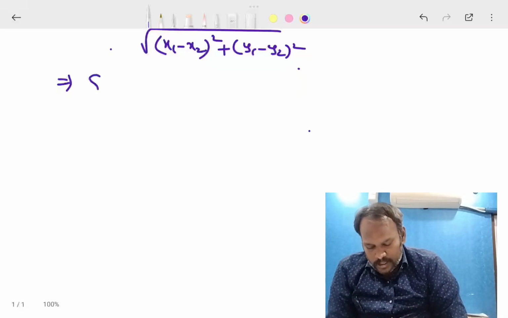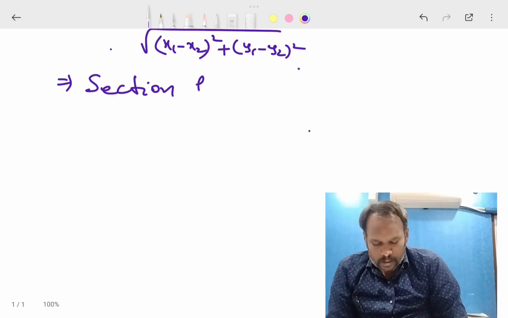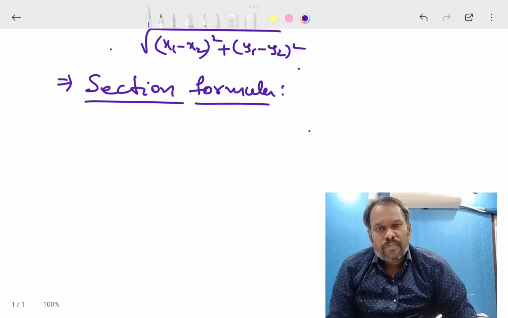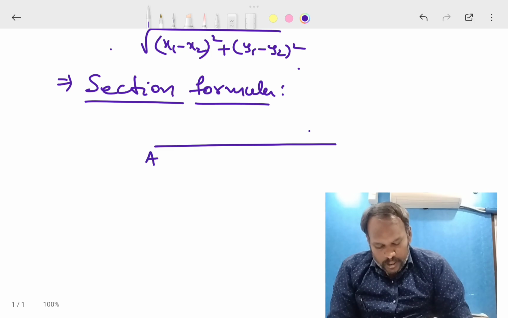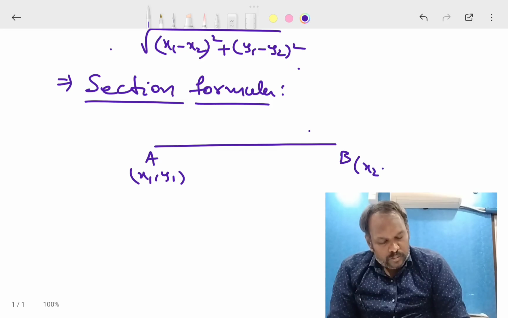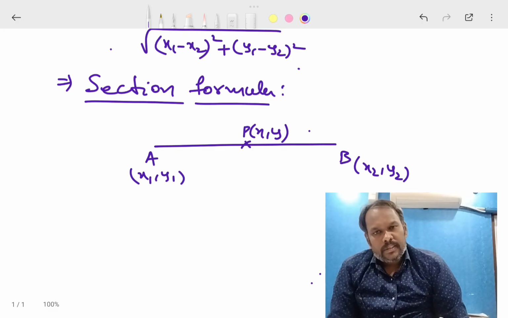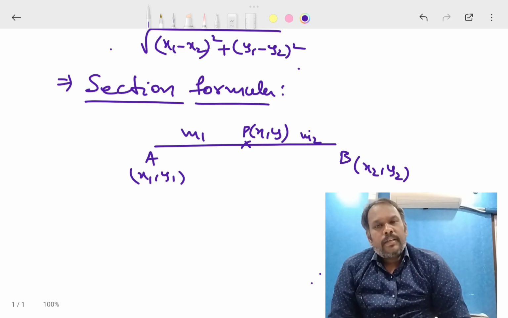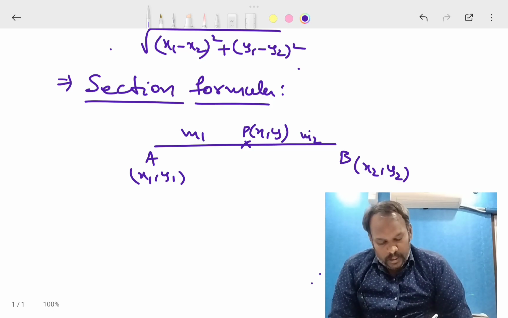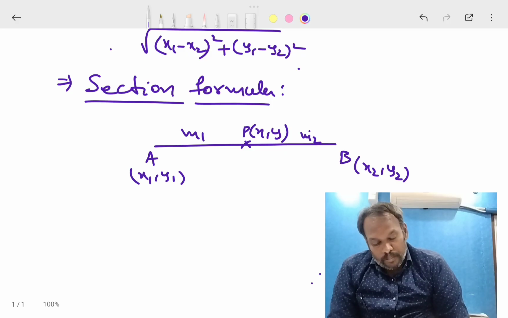And the next formula, section formula. By using this section formula, if they give line segment joining AB, A (x1, y1), B (x2, y2), if P is a point (x, y) dividing the line segment AB in the ratio m1 is to m2, then you have to find the P point coordinates, P (x, y).